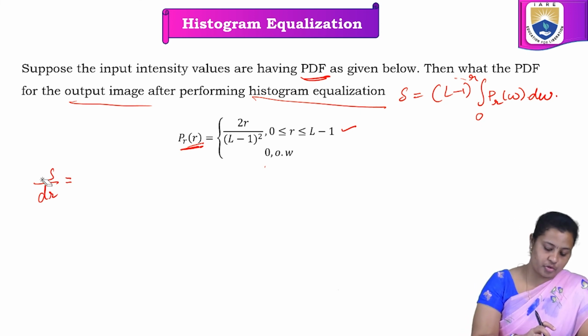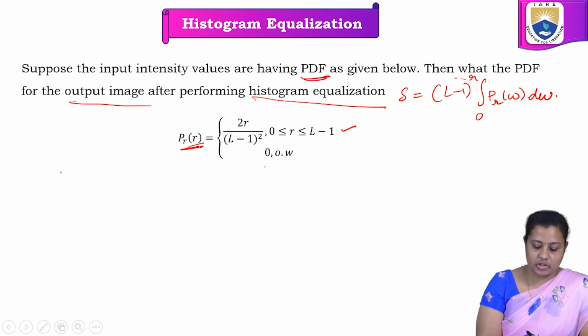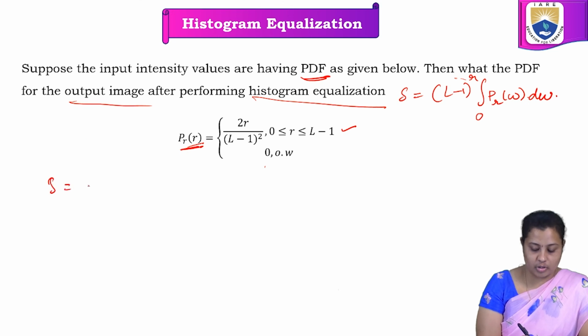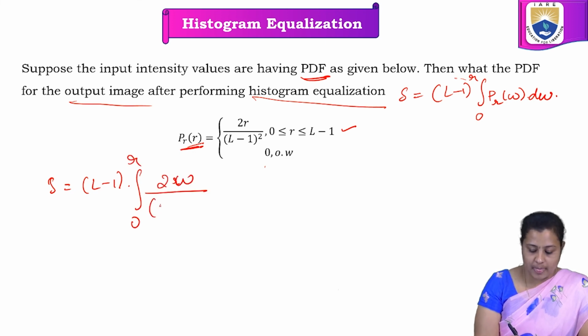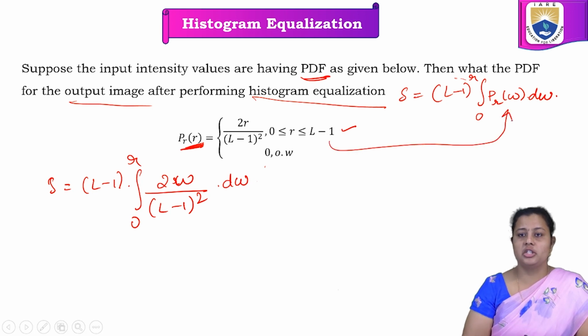Now, before we go there, let's substitute this value. S is equal to (L minus 1) into the integration from 0 to R of 2W by (L minus 1) whole square dW. This is my input function that I am substituting in this equation.